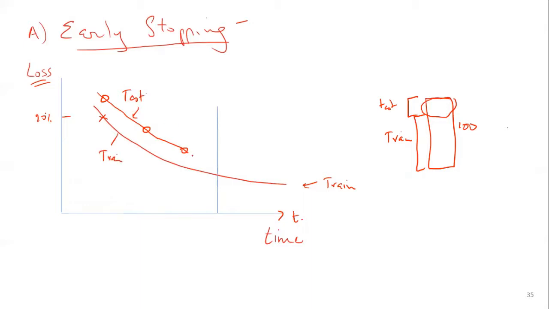So how do you think the training curve is going to look like as you go forward in time? It's going down, but it's above it, right? Is it going to keep on going like this? How do you think it's going to go? It's going to start at some point, instead of going like this, at some point it's going to start going upwards, okay? And why do you think that's happening?